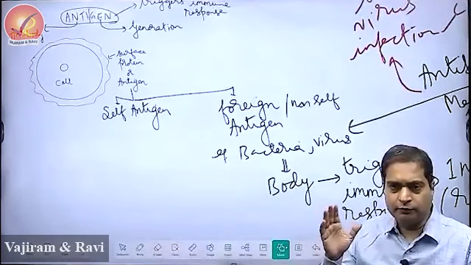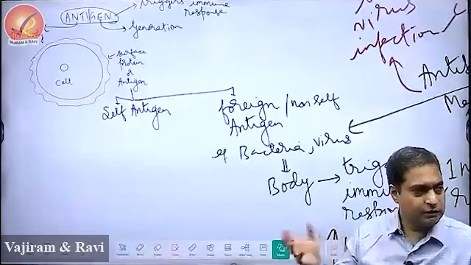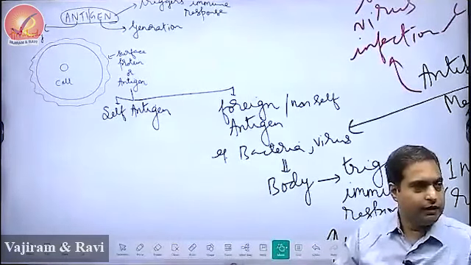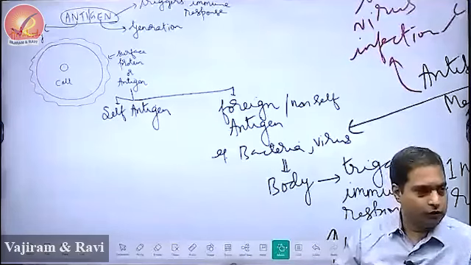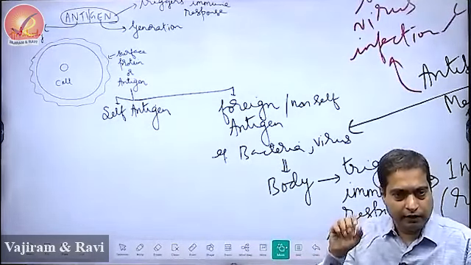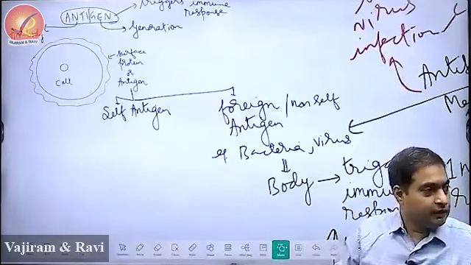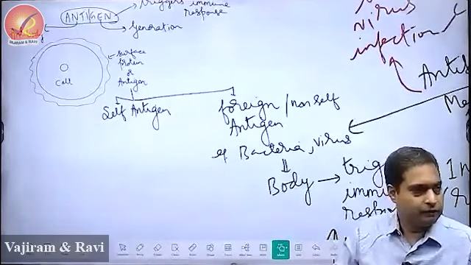Everything in your body is produced using the master plan. What is the master plan of the body? DNA. DNA has the complete genetic code to make diverse proteins in your body.